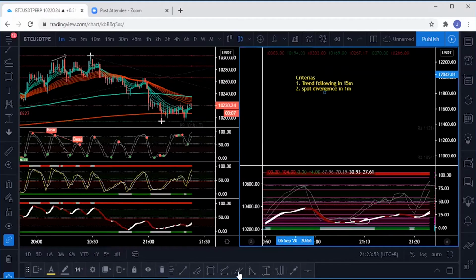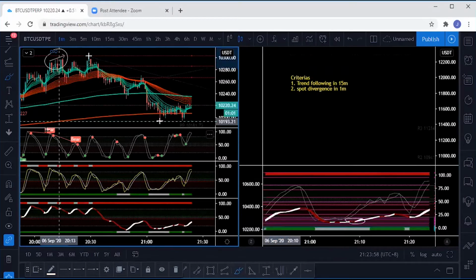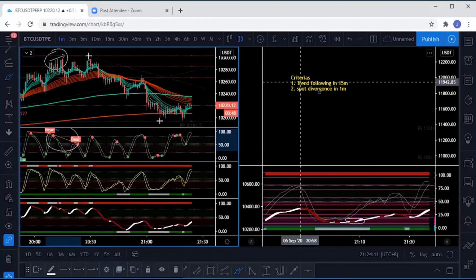In this scenario, for example, we already have a divergence. This is a bear div. And then what to spot next?